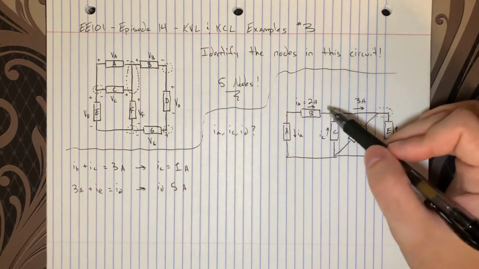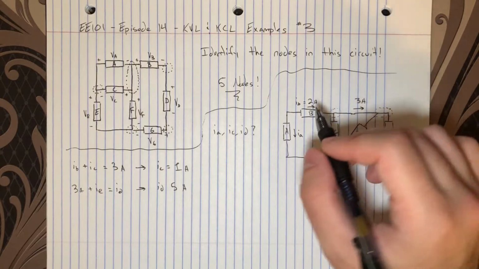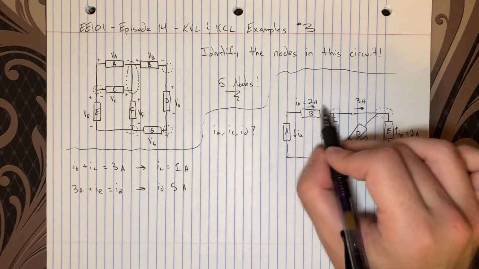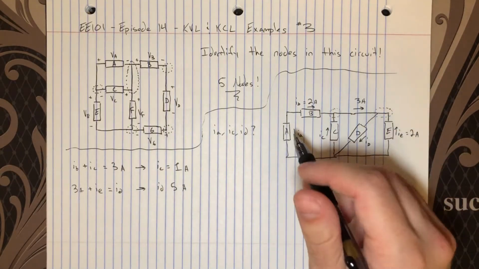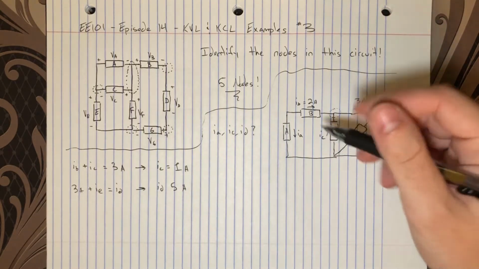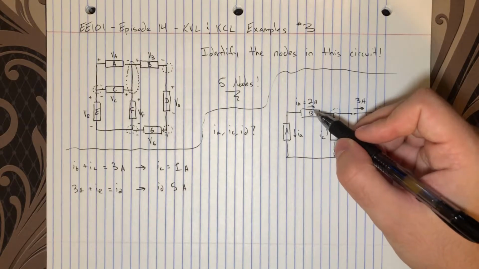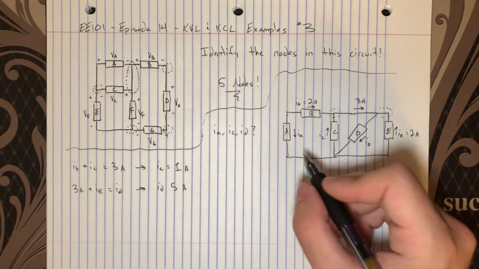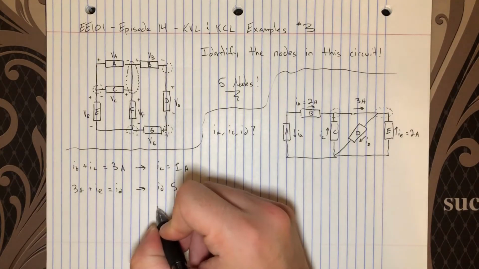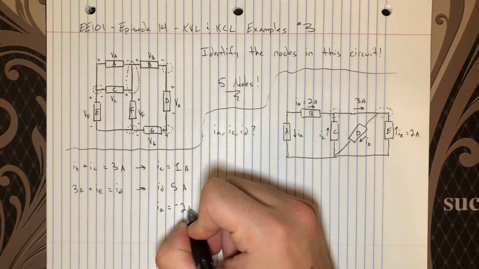So A and B must have the same current, and we know that B's current is 2 amps, and we know that it's positive in this direction, flowing to the right here. Well, IA, it must be 2 amps, and it must actually be flowing in the same direction up towards IB, because we already know this. So what we say then is that IA equals negative 2 amps.